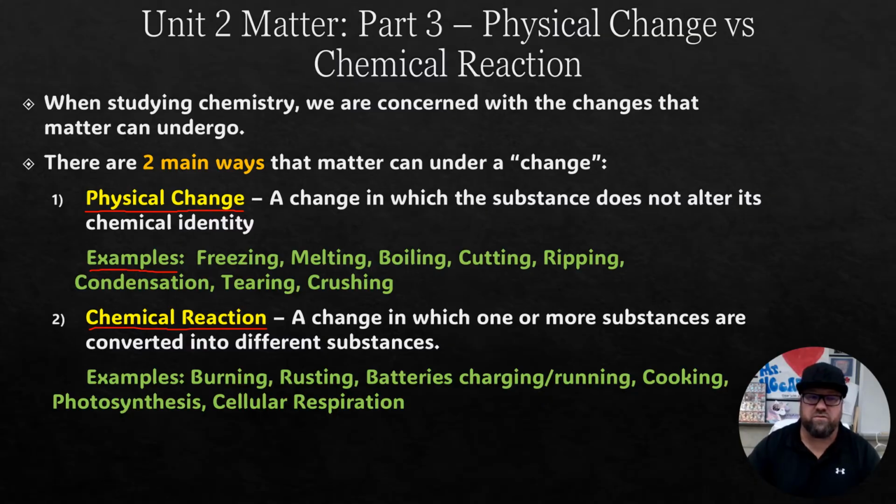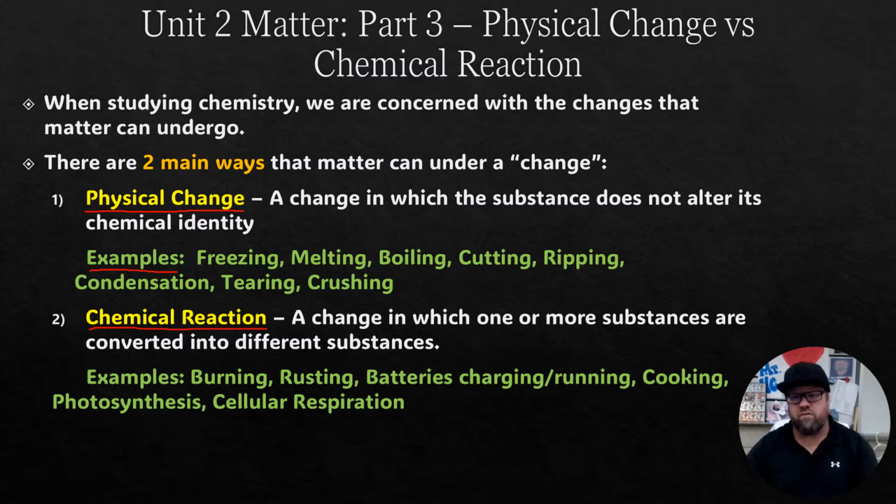Okay. Examples, and these are some good ones to write down in your notes. Examples of physical change are things like freezing, melting, boiling, which, if you notice, are all changing the state of matter, what we call a phase change. So, if you have a piece of ice, which is solid H2O, in your hand, and it absorbs energy from your hand and it melts into liquid water, the formula of ice or liquid water is still H2O.